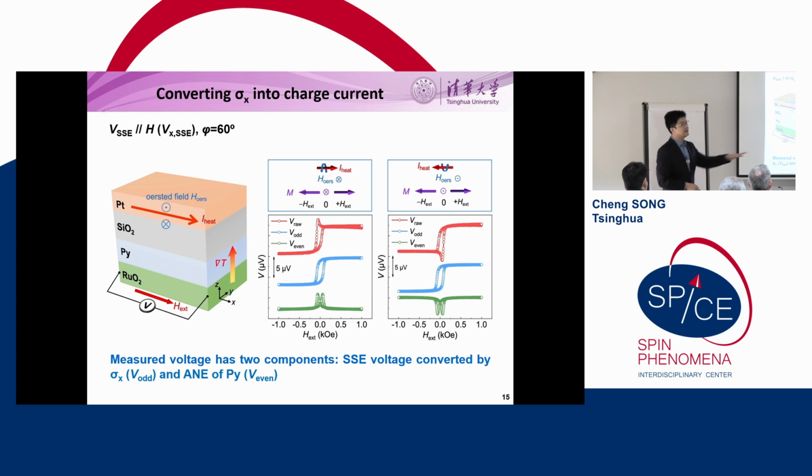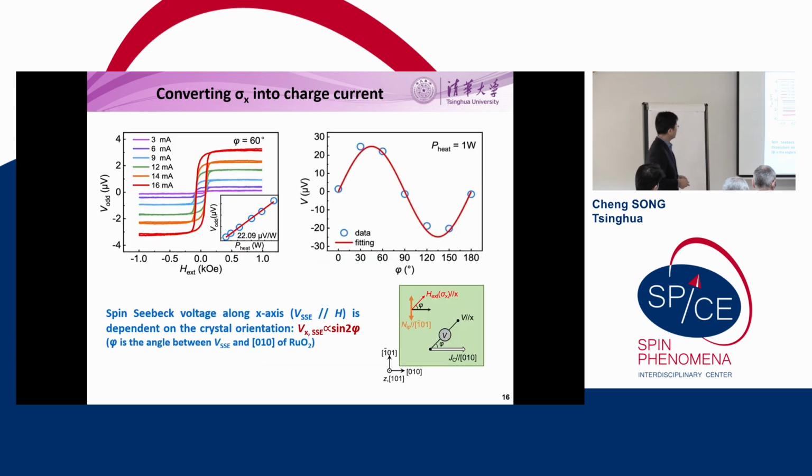Because when we scan the field, sometimes the permalloy magnetization will go to the y direction, producing the anomalous Hall effect here. Then we summarize the voltage for different heating currents.